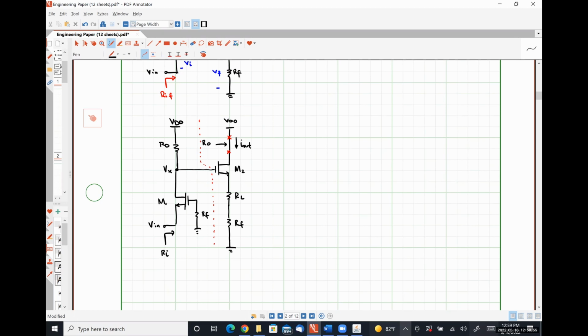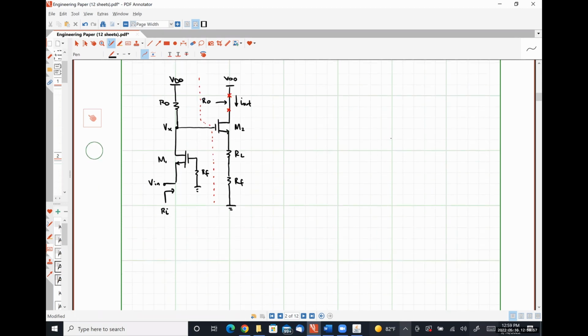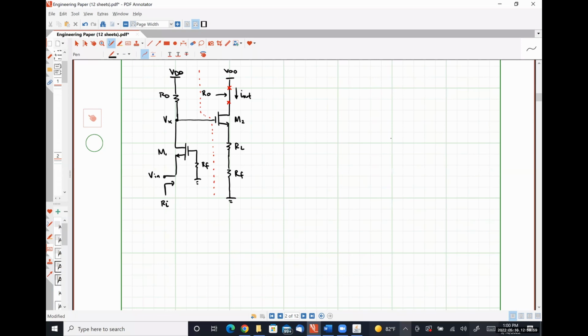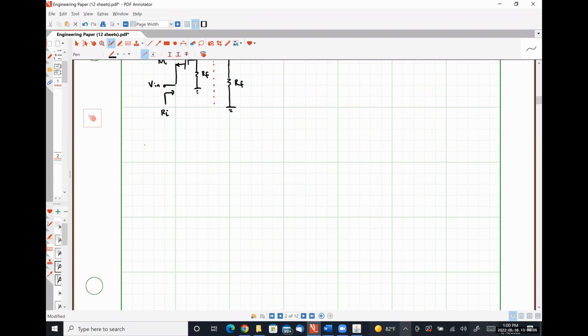Okay. So for our left-hand circuit, we have something like this. I'm just going to write this down. Common gate. Here's our gate terminal.